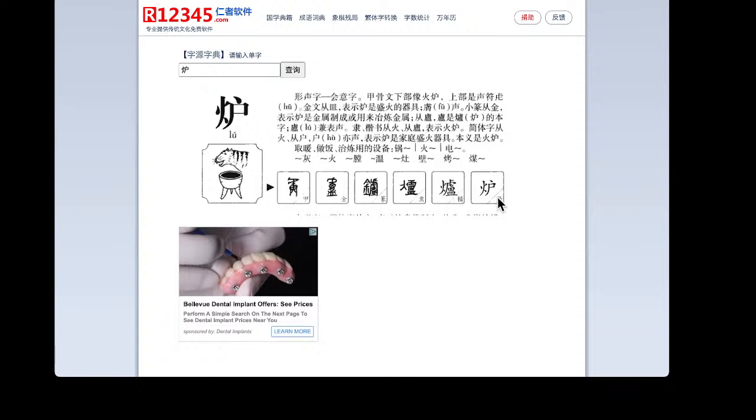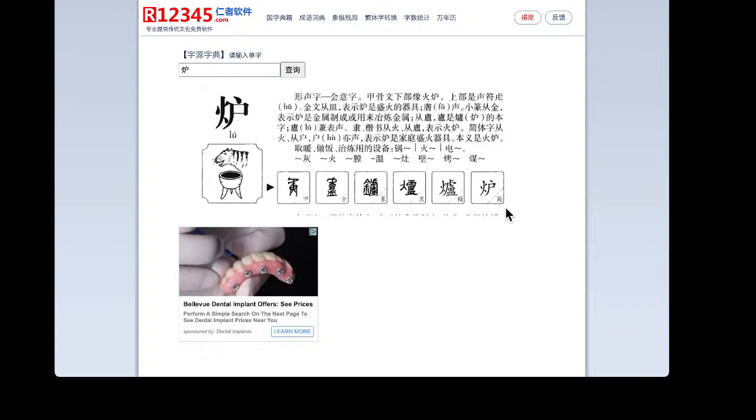Okay, because that one is rather complicated to write, they changed it to use another character called 户 to represent its sound, and also somewhat indicating the meaning, because 户 means a house, a residence, people's residence.